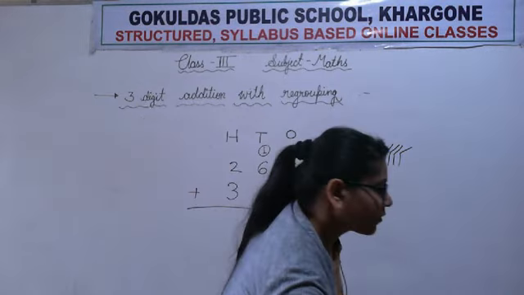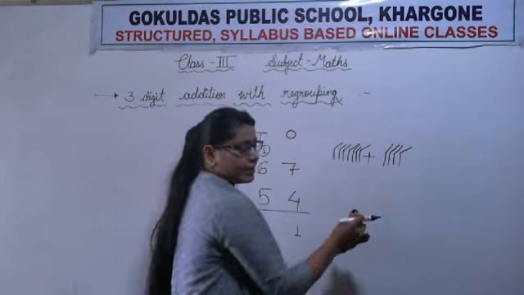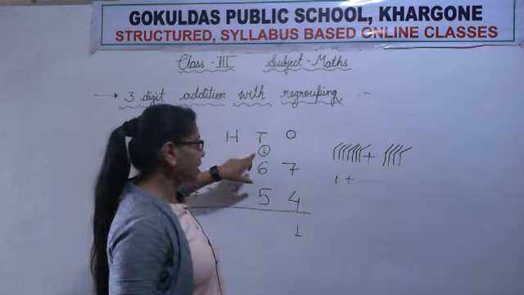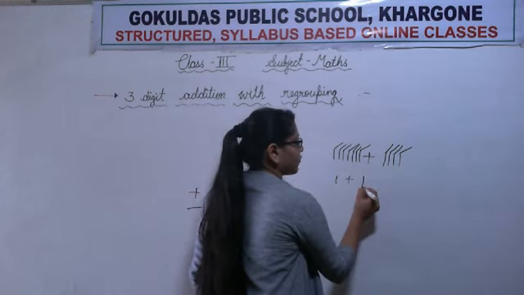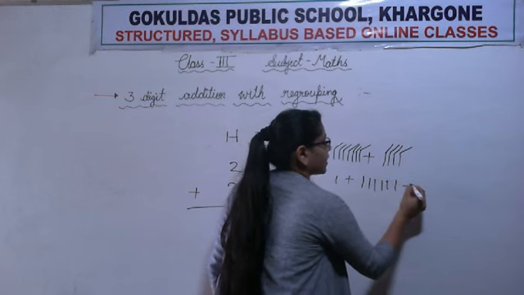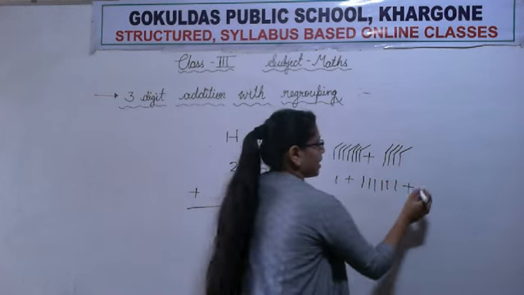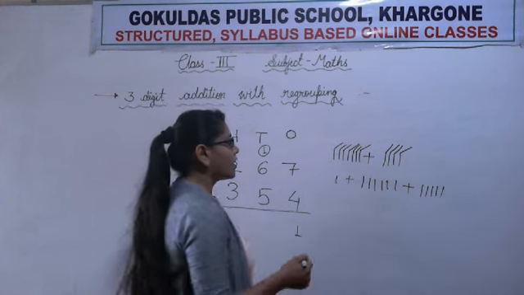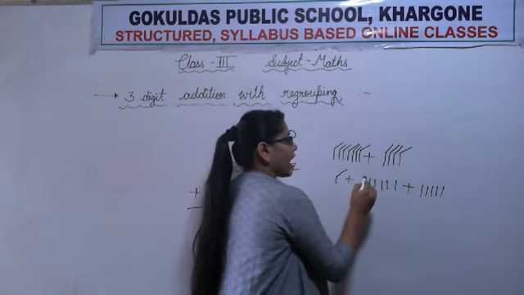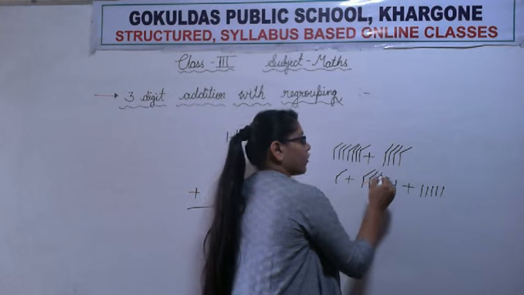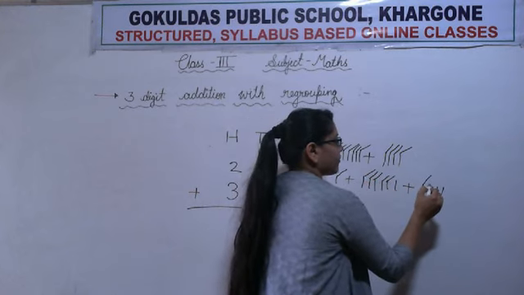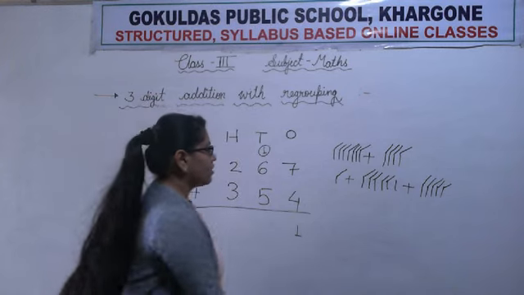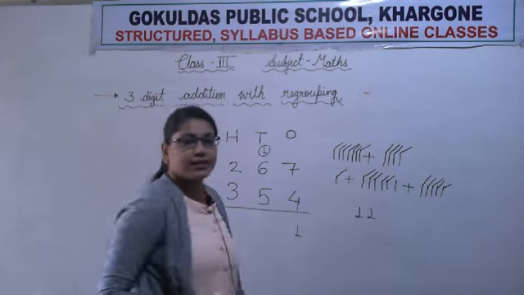Now let's count tens. First of all 1 is there, so we will draw 1 stick. Then 6 is there, so we will draw 6 sticks. Plus 5 is there, so we will draw 5 sticks. Now let's count how many sticks in all. 1, 2, 3, 4, 5, 6, 7, 8, 9, 10, and so a 2 digit answer.